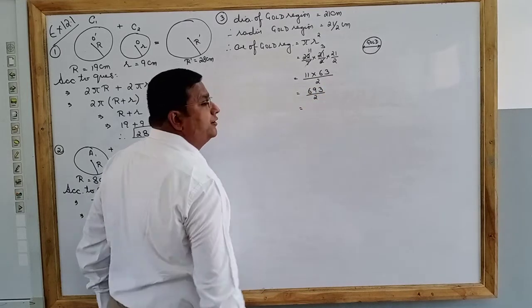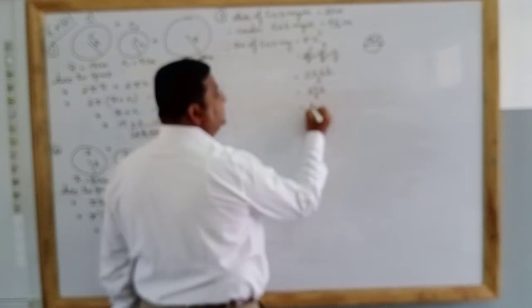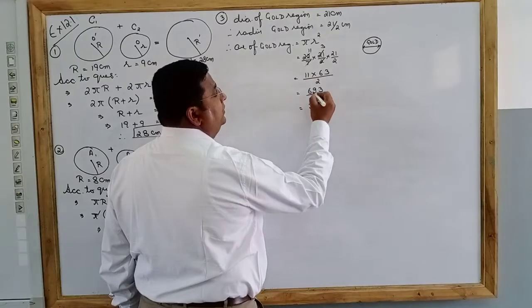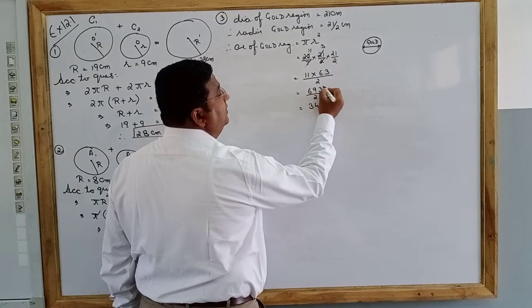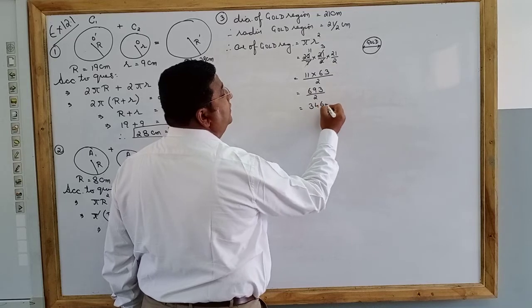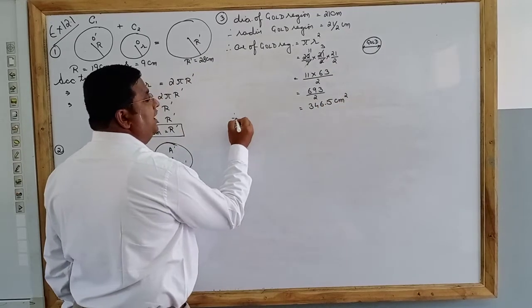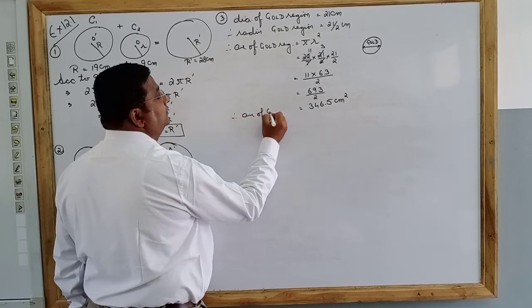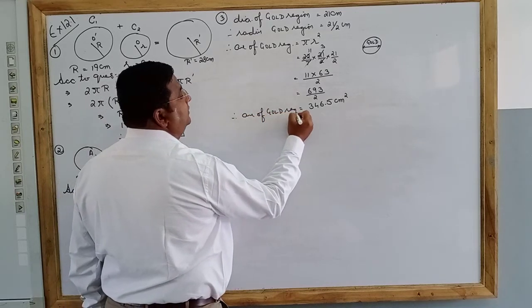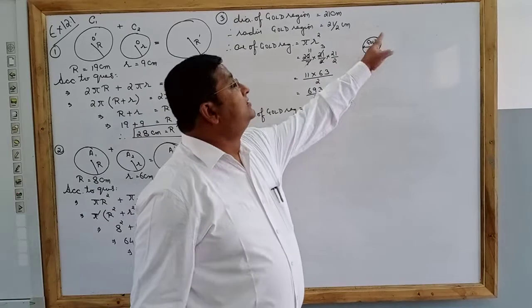So let us bring it into decimal. 2 threes are 6, 2 fours are 8, carry 1, 2 sixes are 12 and 2 fives are 10. 346.5 centimeter square. That is the area of gold region, since it is a circle.